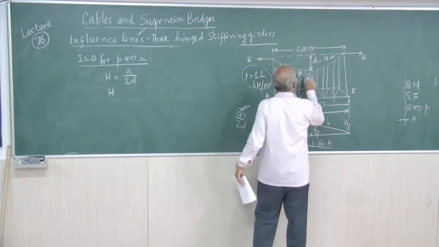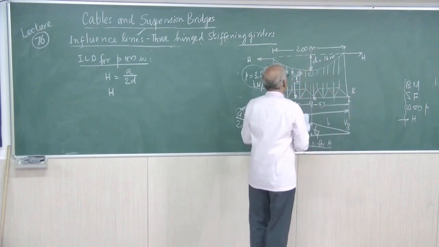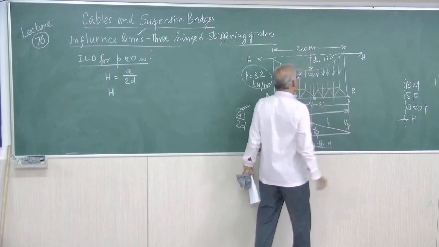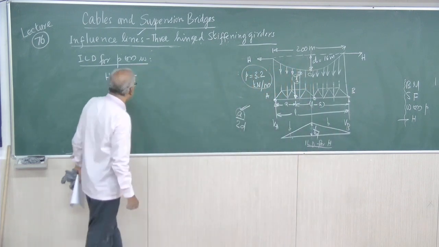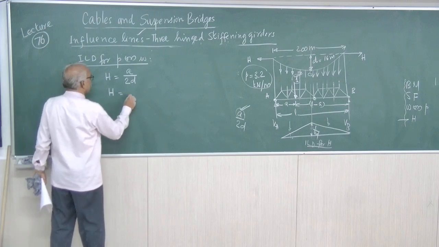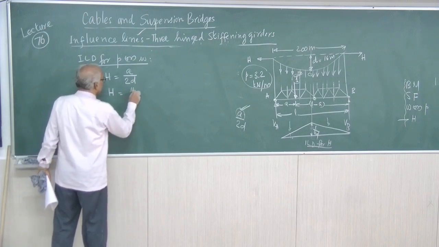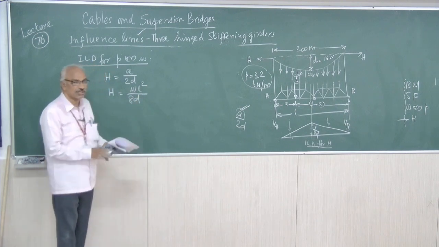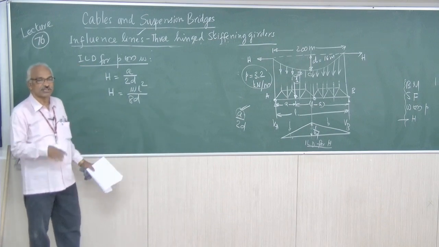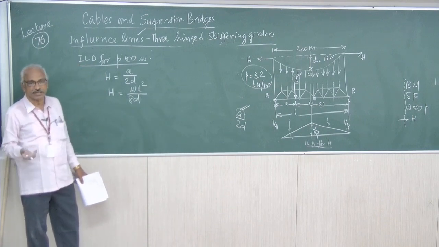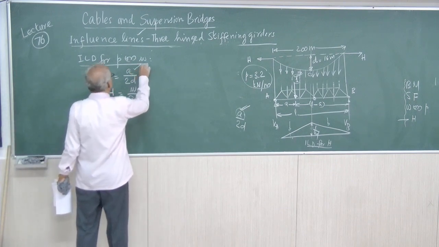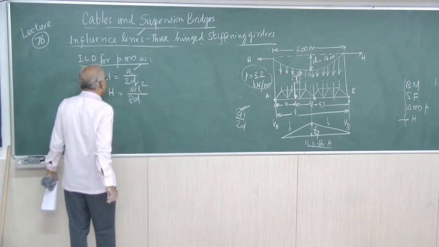So this will be subjected to the uniformly distributed load. So when it is subjected to a uniformly distributed load, H equal to PL square by 8D or WL square by 8D. Already we know when the cables are supported at the same level, H equal to PL square by 8D or WL square by 8D. So this is due to the moving unit load. This is due to the equivalent UDL.